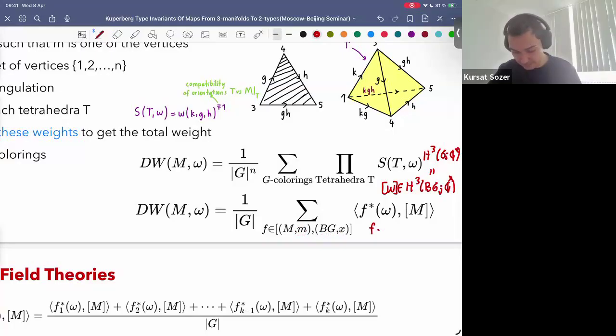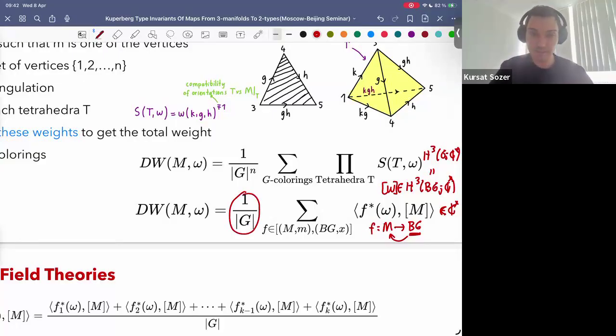F is a map from M; it's a homotopy class, but choose a representative. There's a cohomology class here. We can pull it back to M and then evaluate on the fundamental class, which gives an element in C star. Then sum over all these evaluations of the three-cocycle over the fundamental class of the manifold, normalized this way, and this equals the same invariant. It's another approach to think of this.